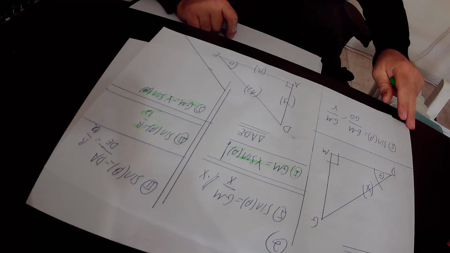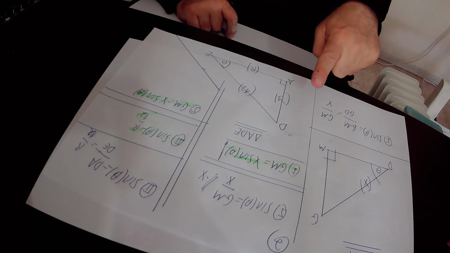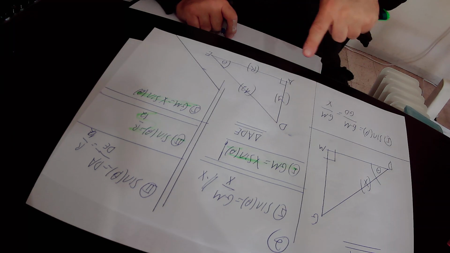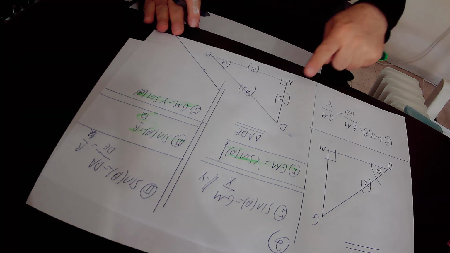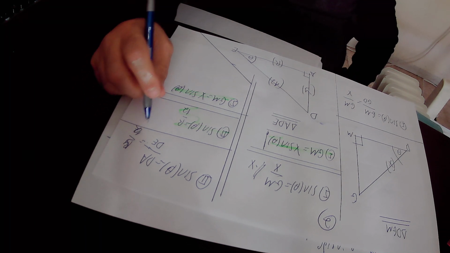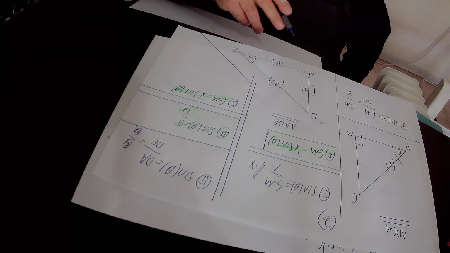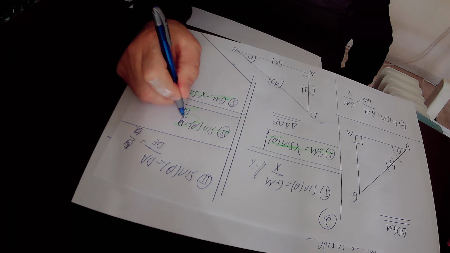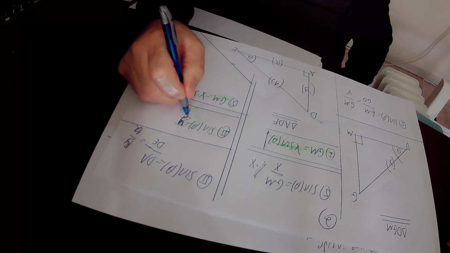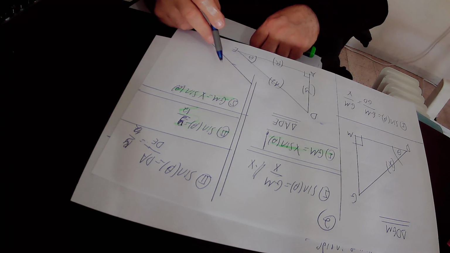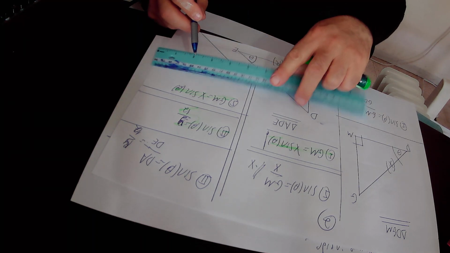In this drawing, sine theta equals DA over DE, where DA is Y and DE is 12. So in this triangle ADE, sine theta equals Y over 12. This is according to equation 2, while according to equation 1, GM equals X times sine theta.